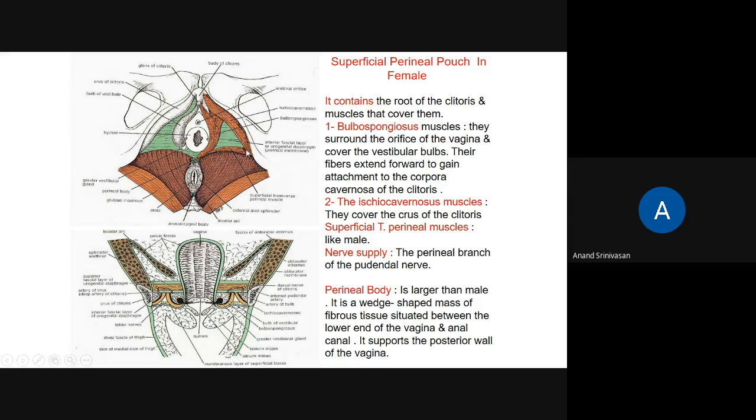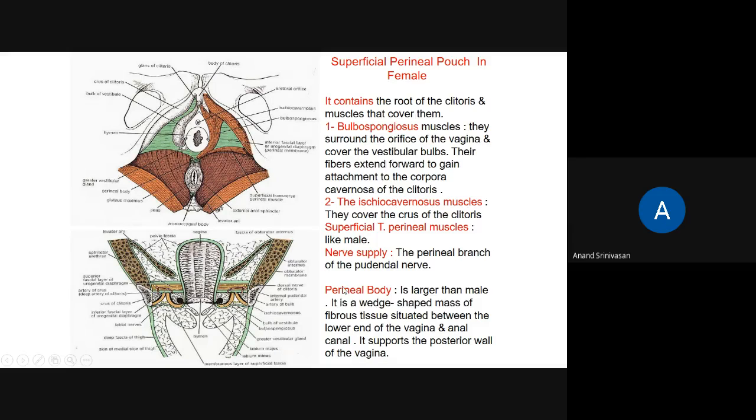Here you can see the muscles which are attached here in females. There are the superficial transverse perineal muscles, the bulbospongiosus, which is present around the bulb of the vestibule, and the external anal sphincter. All these muscles are attached to the perineal body.